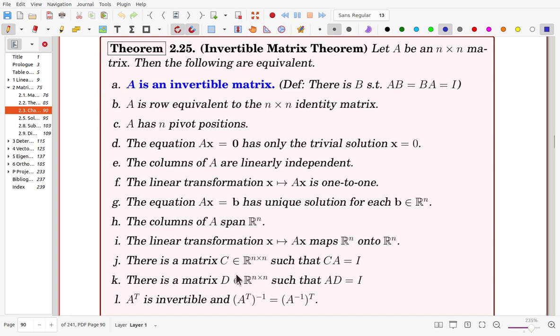There is a matrix C such that CA is the identity matrix, or there is a matrix D such that AD is the identity. Requiring only one side, the other side is automatically satisfied.